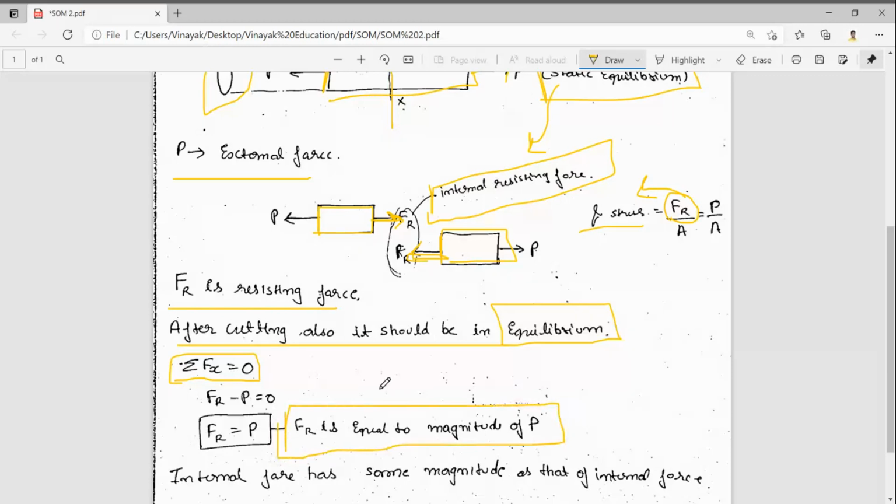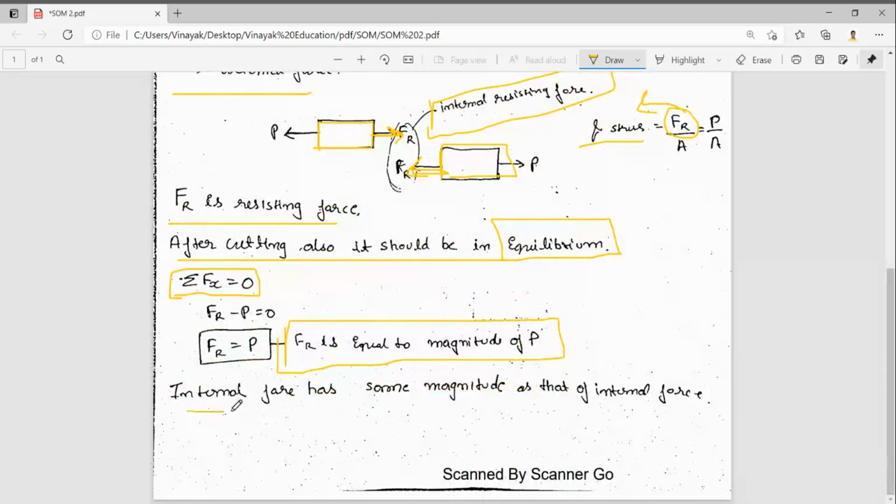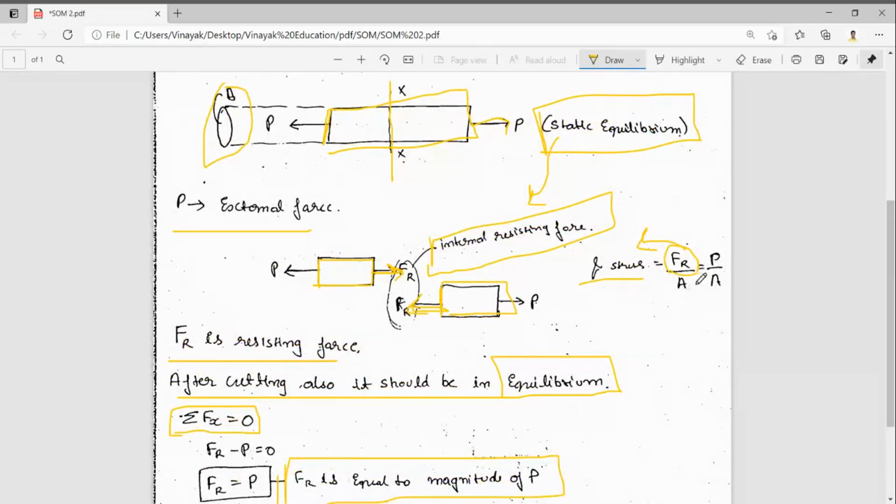So this internal force has the same magnitude as that of the external force. This is the external force. So that's why we can write Fr by A equals P by A. This is the external force applied.